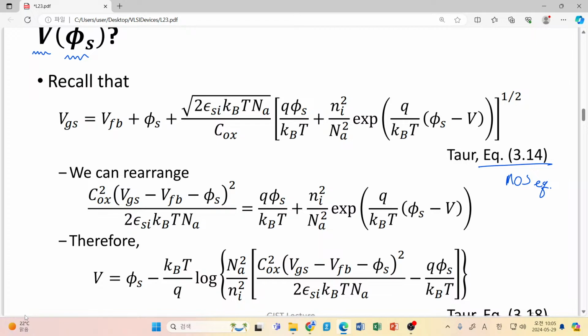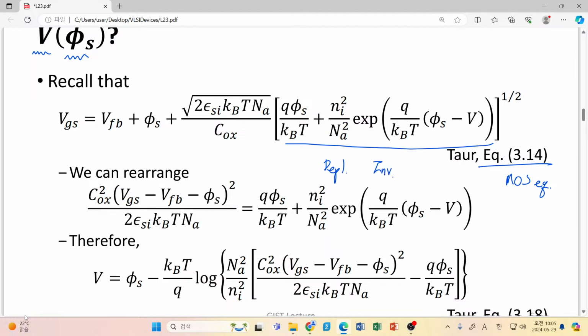Why do we have a certain error? Because most rigorously we have to use the full expression for our QS, but this term contains only two major terms for our depletion region and inversion region.